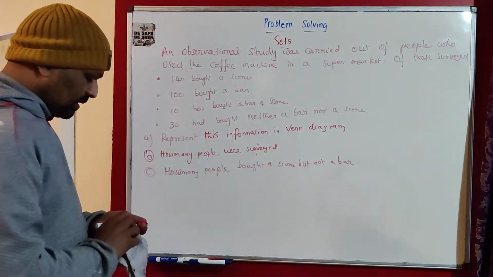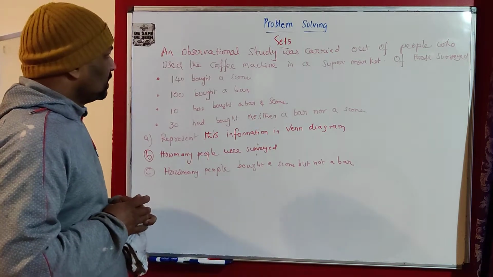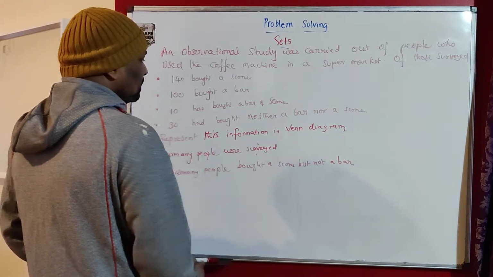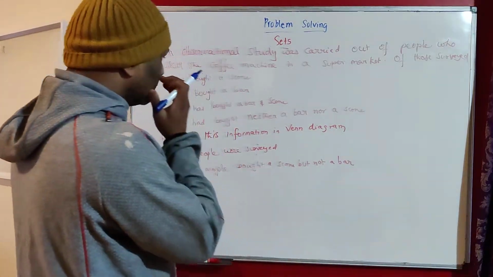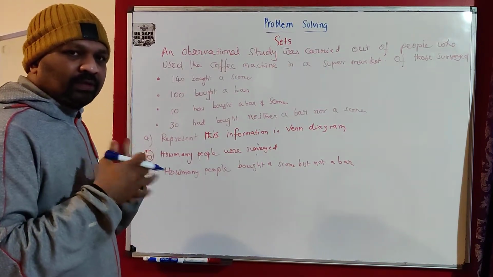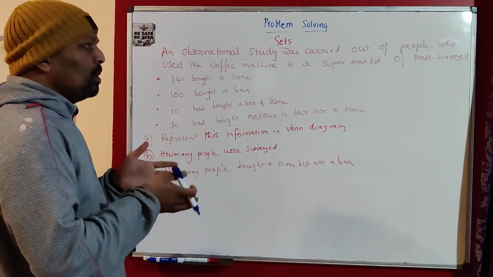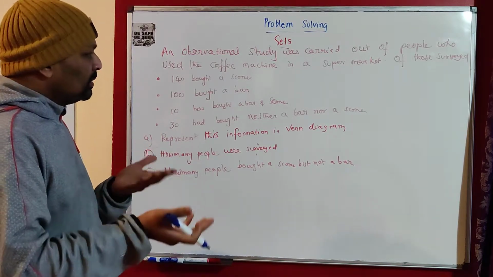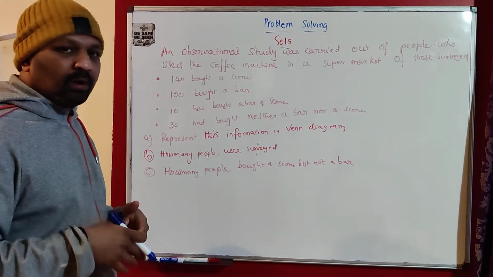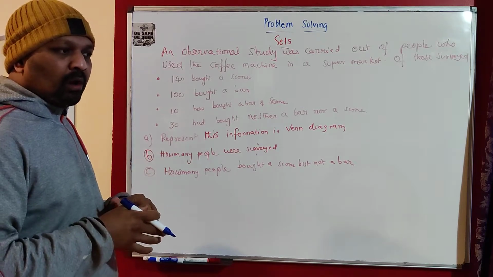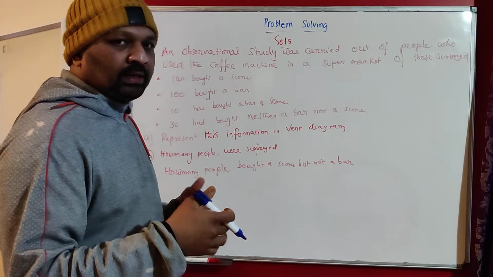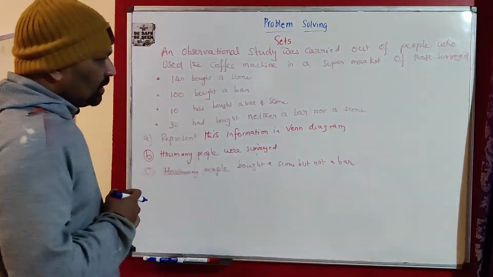So there are three parts given in the sum. As always, when such problem statements are given, it's advisable to put this information into a Venn diagram, so that you can easily tell how many people bought only the scone, only the bar, both bar and scone, and neither a scone nor a bar.